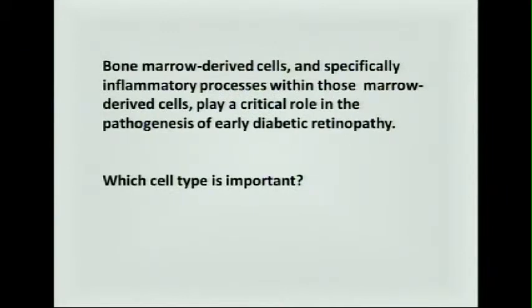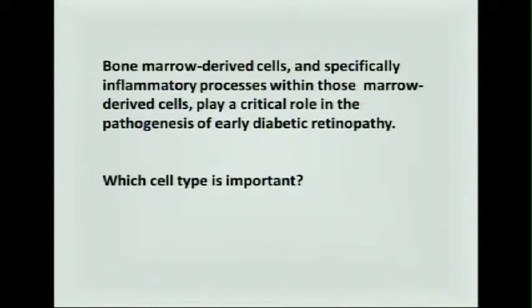And basically, there's substantial evidence that indicates that it is the oxidative stress that initiates the inflammatory response within these tissues. So the bone marrow cells, and specifically inflammatory proteins within those marrow-derived cells, play a critical role in the development of the retinopathy.